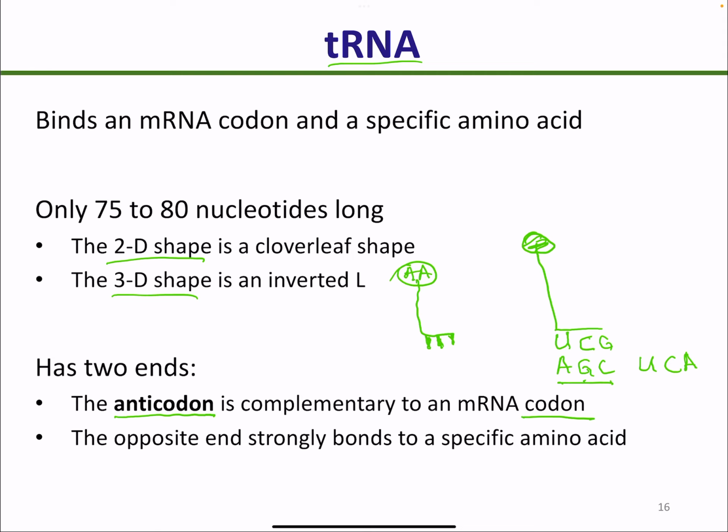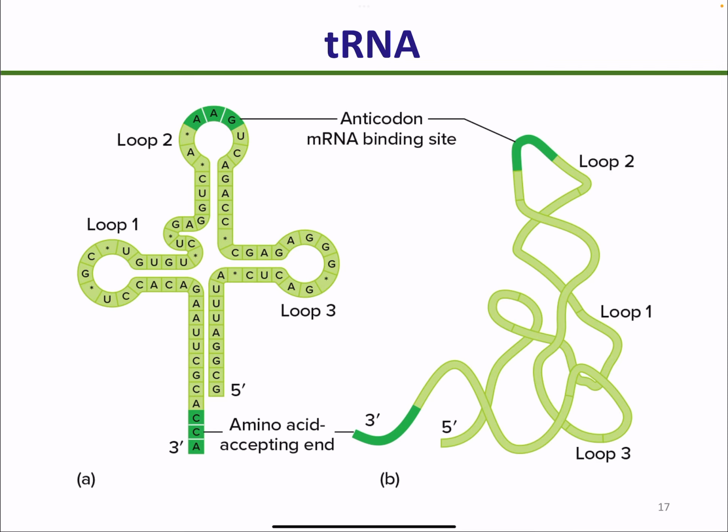All right? And this is basically how the system is going to read the information in the messenger RNA. All right? I'm going to explain with more details a little later. And I know that all of this is kind of complex, but please bear with me. All right. So you have a leaf representation right here and an L-shaped representation with the extremity 3' that is the extremity where the amino acid is going to attach.